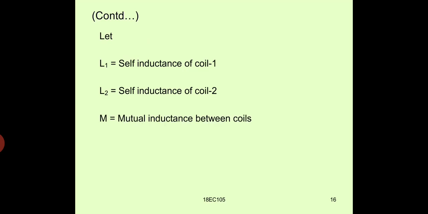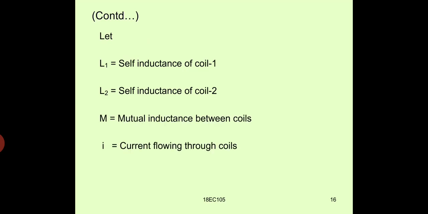Now let L1 be the self-inductance of coil 1, L2 the self-inductance of coil 2, and M the mutual inductance between the two coils. I is the current flowing through the coils.